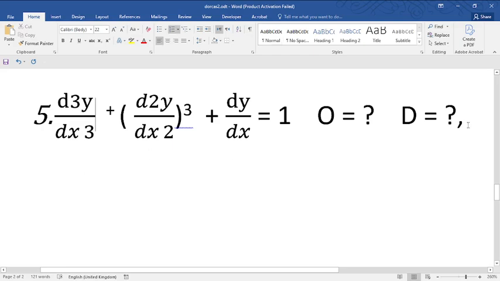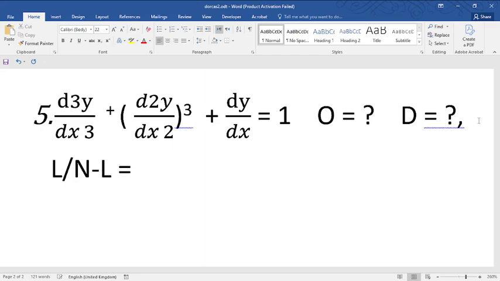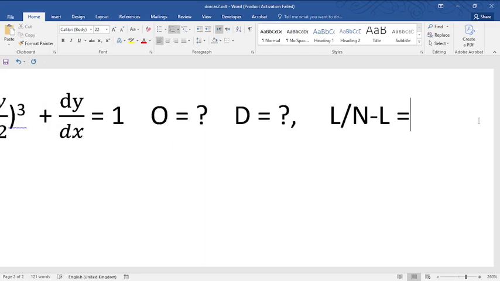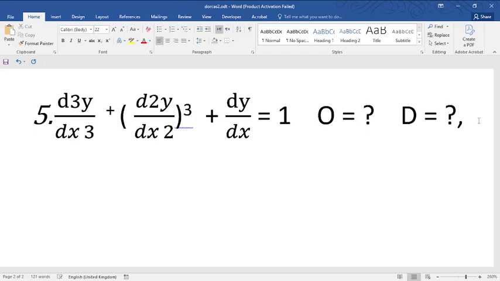What you just have to firstly take note of is this first derivative, which is the cube y, it is telling you that you are having y prime, because they differentiated y 3 times. For this second one, you are having y prime, because they differentiated y 2 times. For this third one, you are having y prime. They differentiated y once.